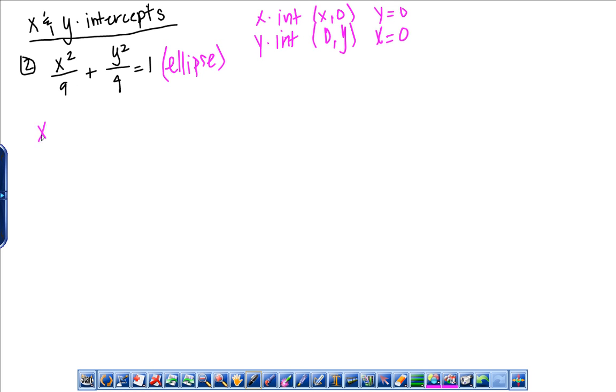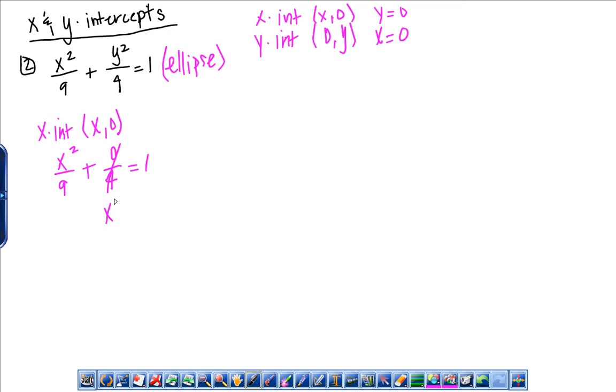So if I were to find my x-intercept of this first, that means that my y value is going to be 0. Okay, take your equation, and I'm going to find my x-intercept. So that means plug in a 0 for your y value. If you would like to, 0 over 4, if you just think of that, 0 over anything is going to be 0, so that kind of cancels out.